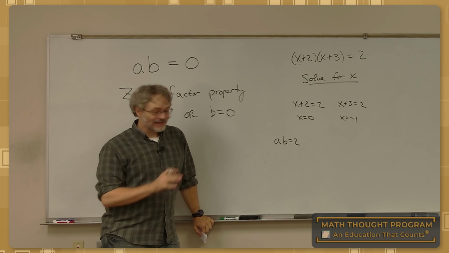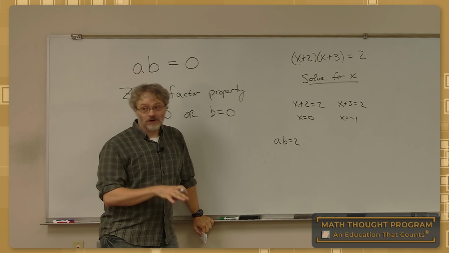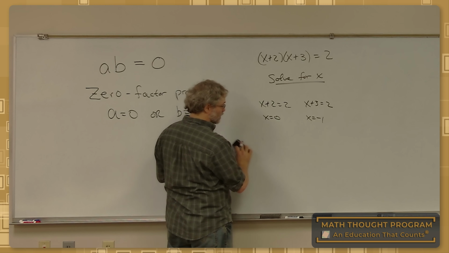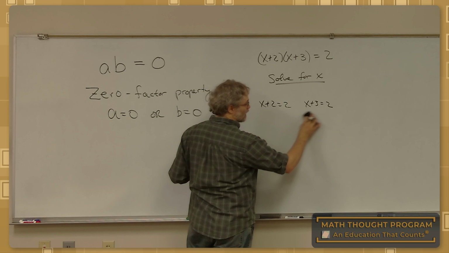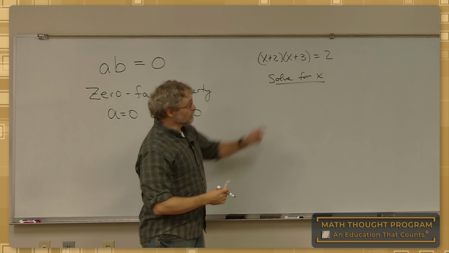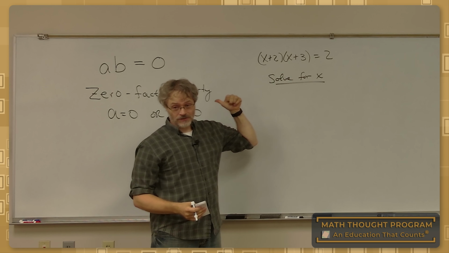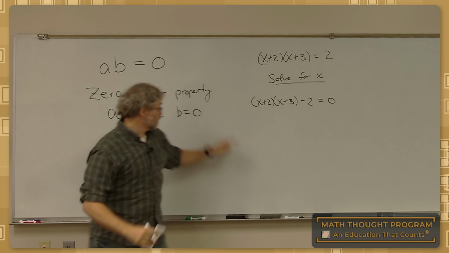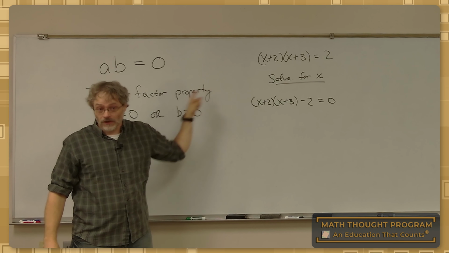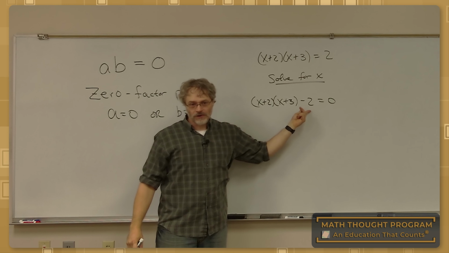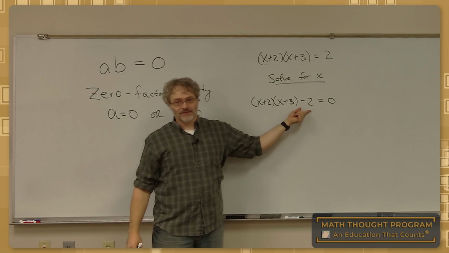So I can't just rush into the problem and do this. What I need to do is start creating zeros in factors. So I can take the 2 and I can throw it to the other side. Works out great. I do have the 0 now. That's exactly what I want. But by doing so, I created a problem for myself.